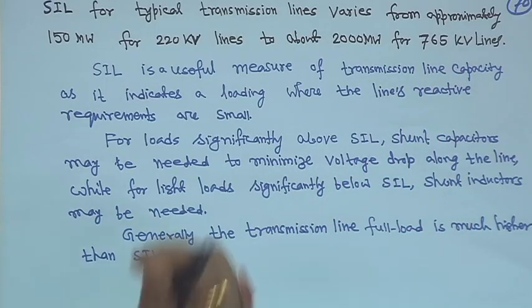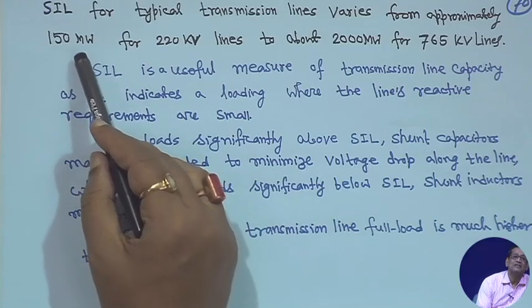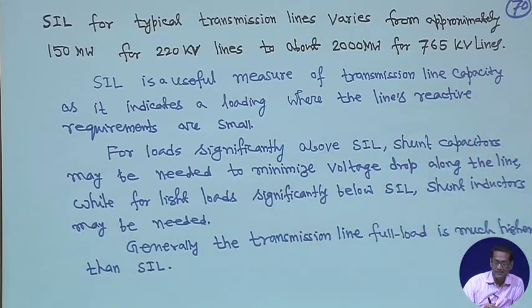But generally the line, when operated at full load, operates much above the surge impedance loading. So, SIL is a useful measure of transmission line capacity, as it indicates a loading where the line's reactive requirements are small.